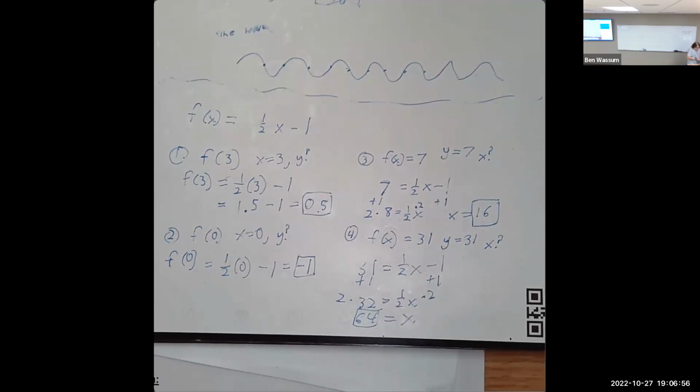Now, the whole stressing input and output thing comes in handy to understand this stuff, but you might be asked, hey, how often am I going to need to truly understand what an input and an output are? Not too horribly often. It's a conceptual thing. It helps you understand functions. It helps you understand what they are, but things you got to get down.